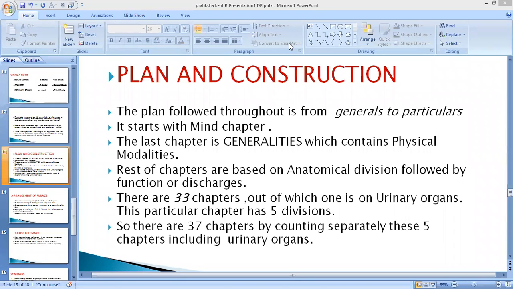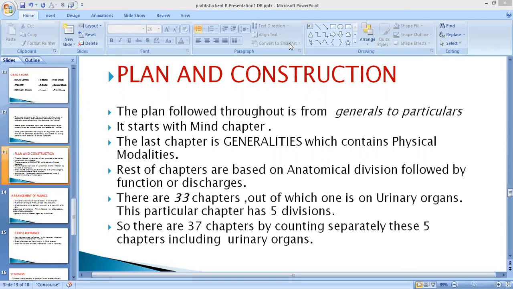Then chest, it contains rubrics on lungs, heart, aorta, sternum, mammary, axilla, diaphragm, and clavicle. So, under section chest, the rubrics are related to the organs which are present in the chest region.